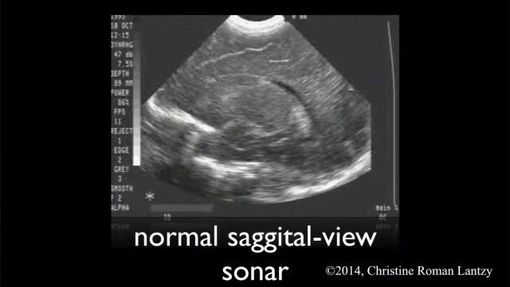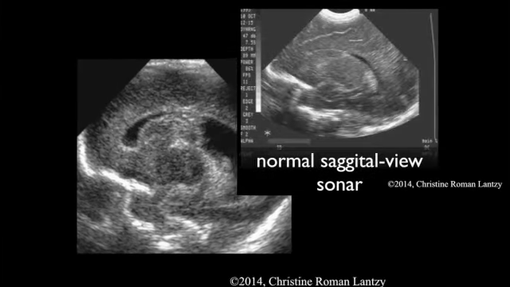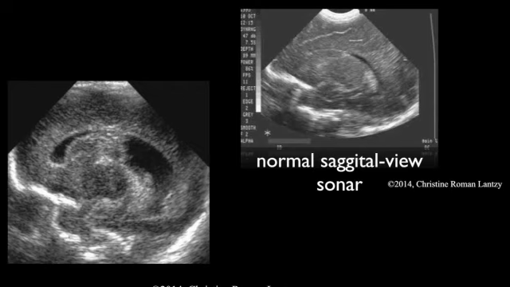And this is, for comparison, a normal sagittal or side view of a ventricle. This shows a comparison now of a grade 3 to 4 intraventricular hemorrhage. So we may want to flip back and then forward again so you can compare those.